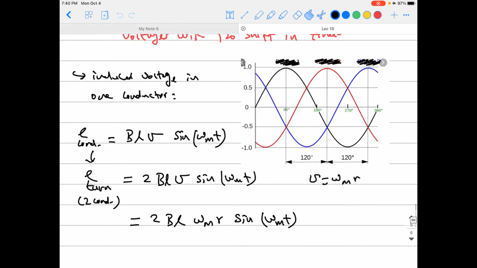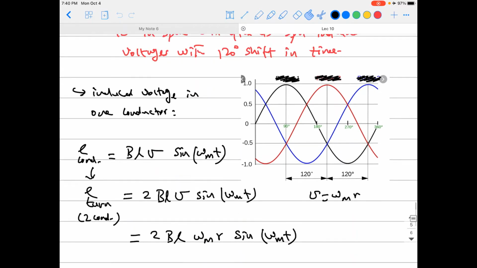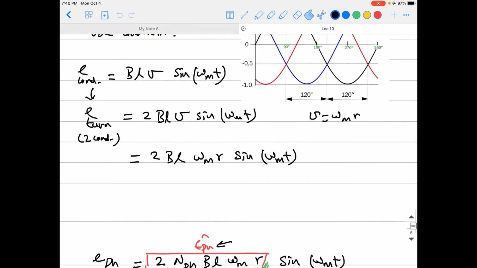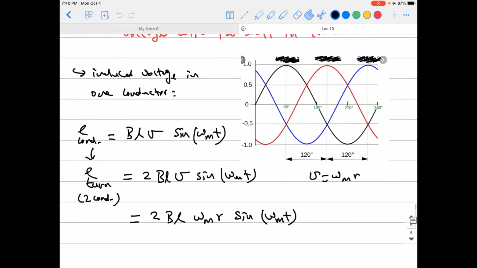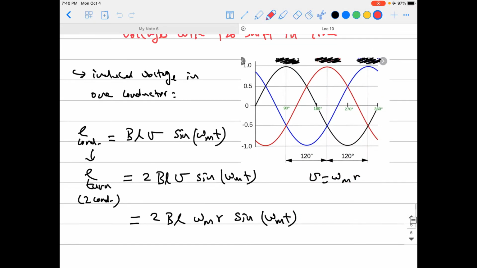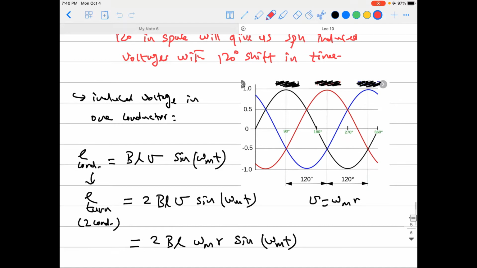And we started trying to quantify the induced voltage like usual, okay? I will be just writing those again. So like you have seen here from the last time, that is the induced voltage per conductor, like what we used to do, equals BLV, the flux density times the length of the conductor times the linear speed, sine omega mt, because now that's a sinusoidal wave.